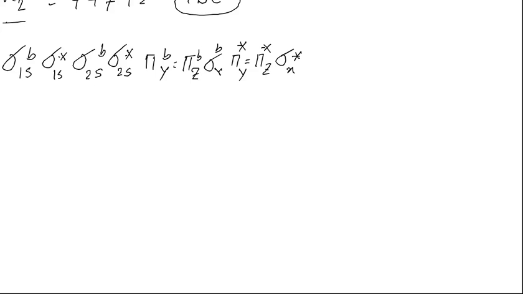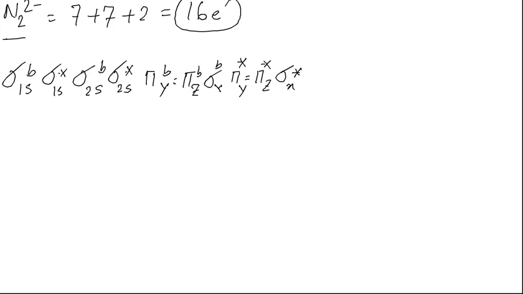Since there are 16 electrons to be distributed, we distribute them as 2, 2, 4, 5, 6, 7, 8, 9, 10, 11, 12, 13, 14, and we have 15 and 16. This takes place because we fill these electrons in the molecular orbitals according to the Aufbau principle, Hund's rule for maximum multiplicity, and Pauli's exclusion principle.